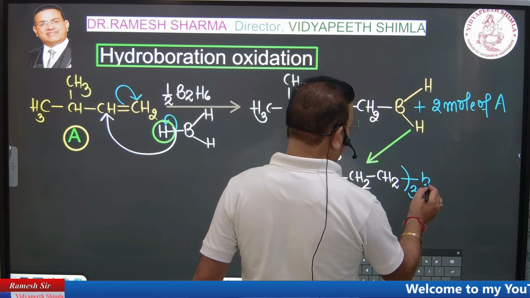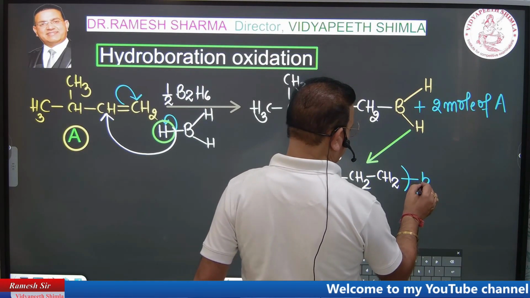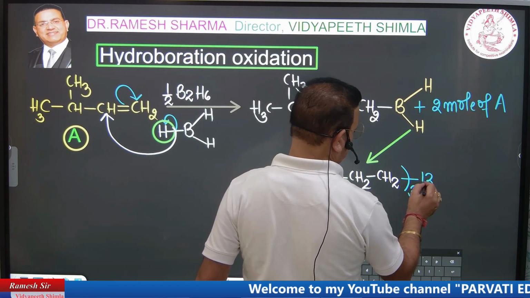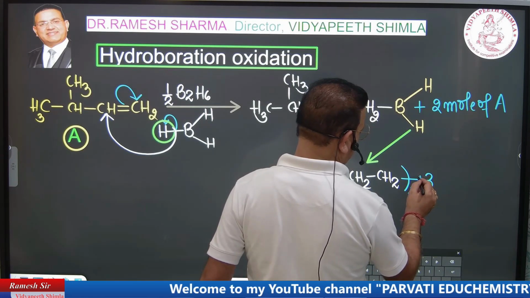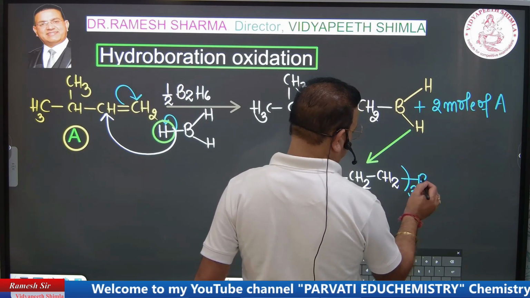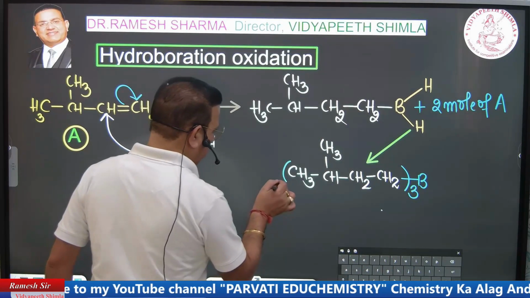This trialkyl borane has a carbon metal bond. Which means this is what?